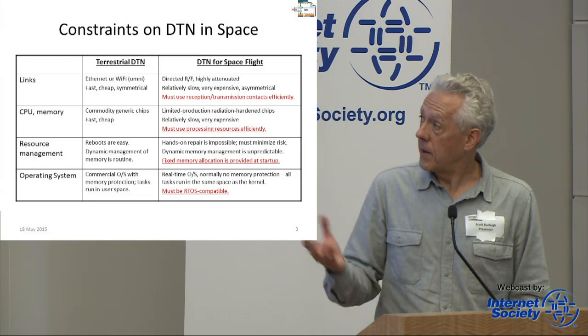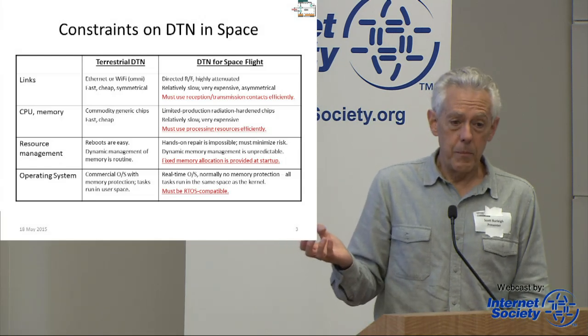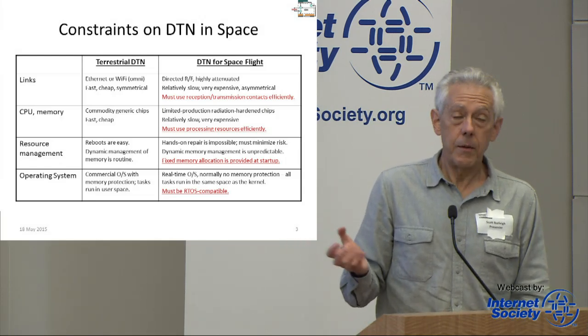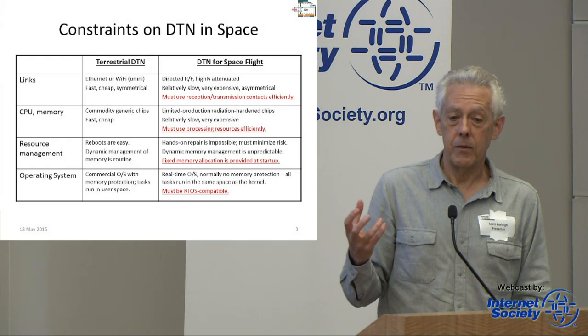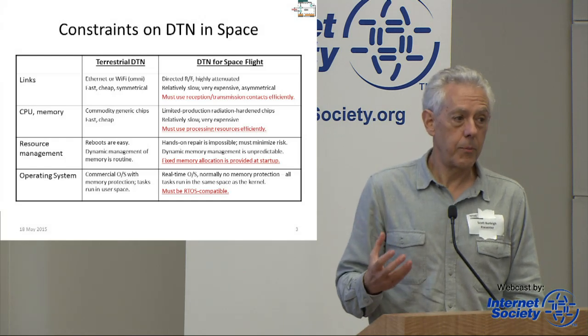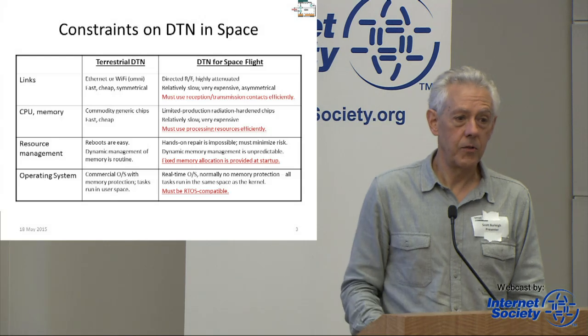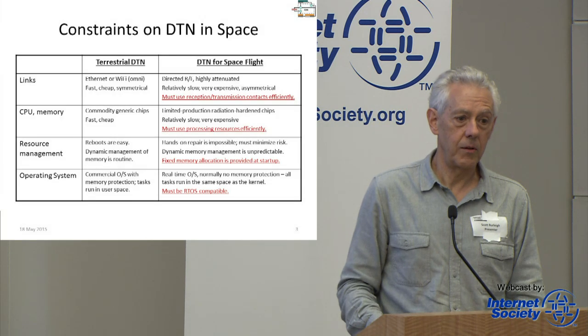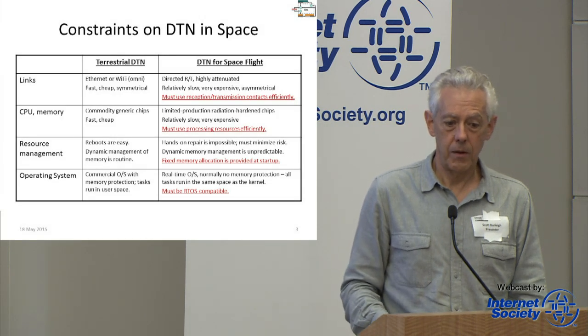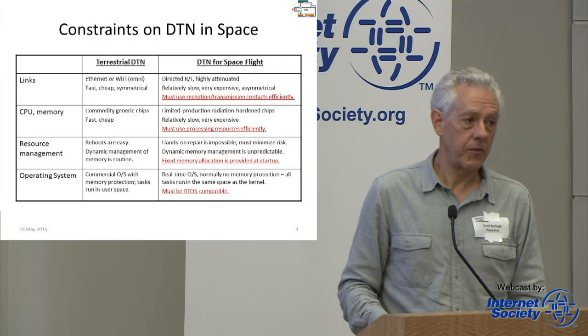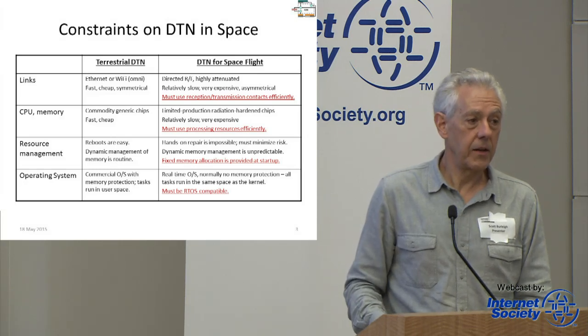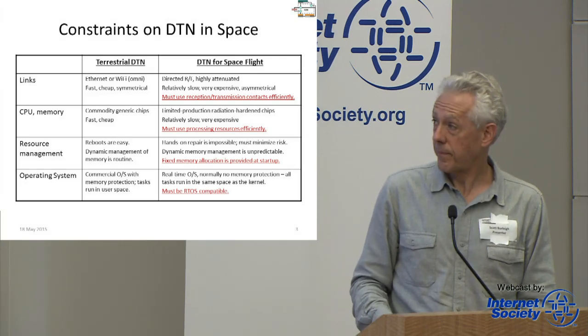And then not all, but many spacecraft are operated using flight computers that have real-time operating systems, at least as the attitude control and very often the command and data handling processors as well.